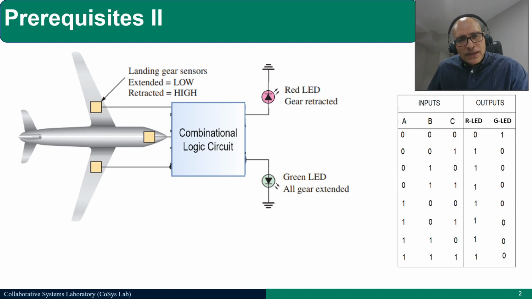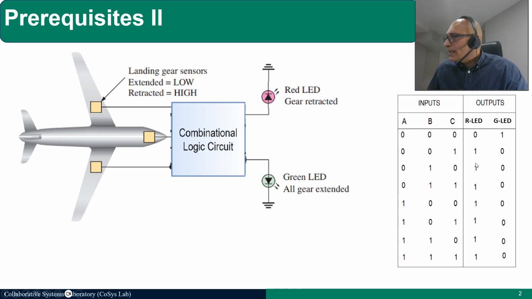For this system, to find the output for the red LED, we need to look at the rows where the output is 1, like here we have O1, as you can see.